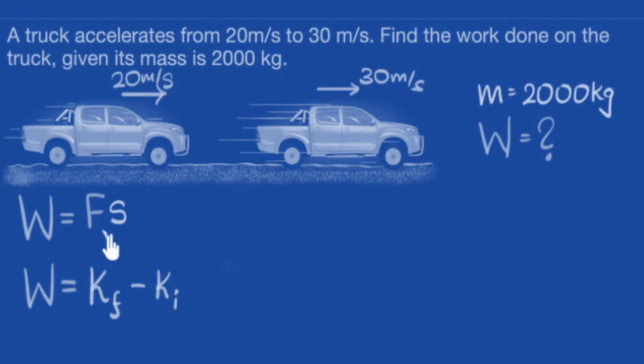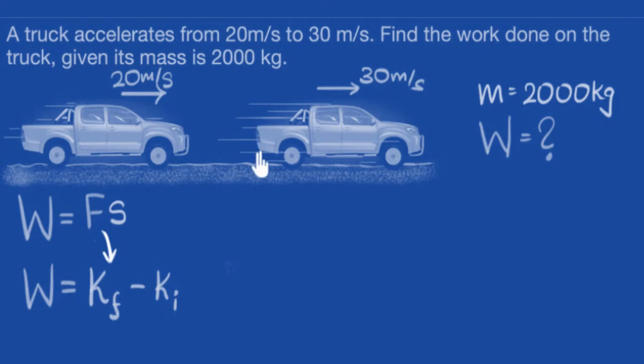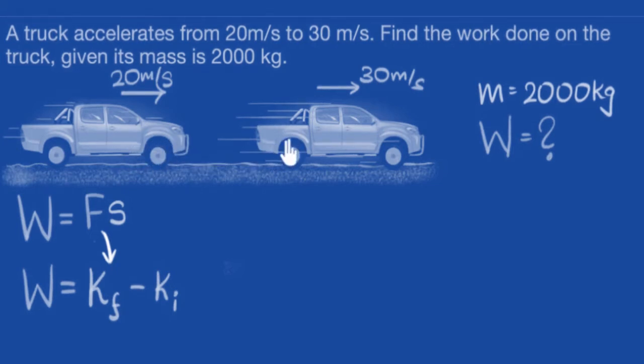This equation is basically saying that the work done on a body tells how much kinetic energy is added to the body. So in this example, if we find out that 10,000 joules of kinetic energy was added to the body, this means that the work done was 10,000 joules.